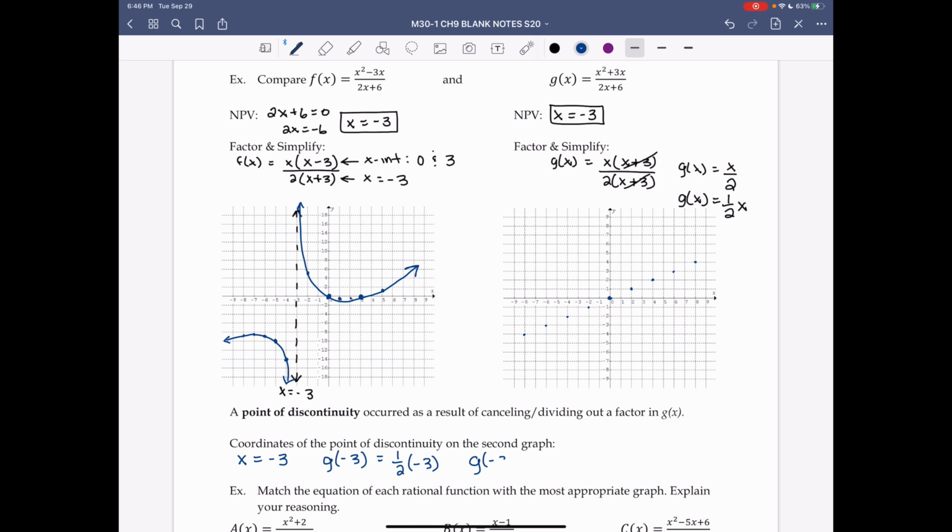G of negative 3 equals negative 3 over 2, or negative 1.5. So at the point x equals negative 3 and y equals negative 1.5, we have an open circle to represent our point of discontinuity, and then we can join the rest of the points together.